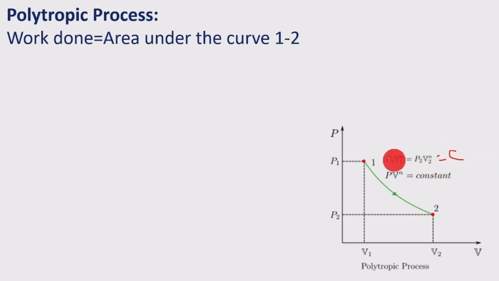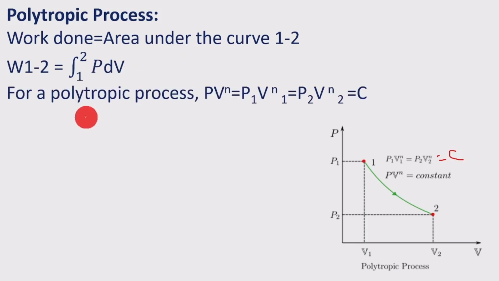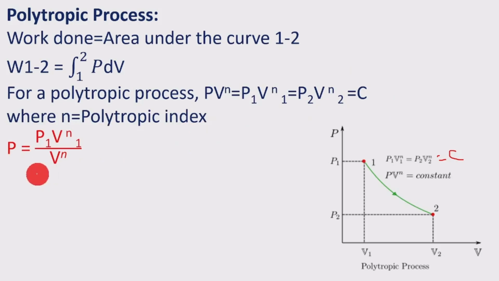Then the work done for this polytropic process is equal to the area under the curve 1 to 2. W1 to 2 is equal to the integration from 1 to 2 of PdV. For the polytropic process, PV raised to n equal to P1 V1 raised to n, which equals P2 V2 raised to n, equal to constant C, where n is the polytropic index.